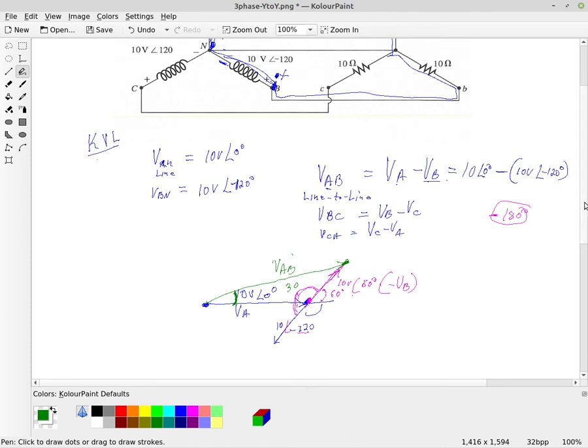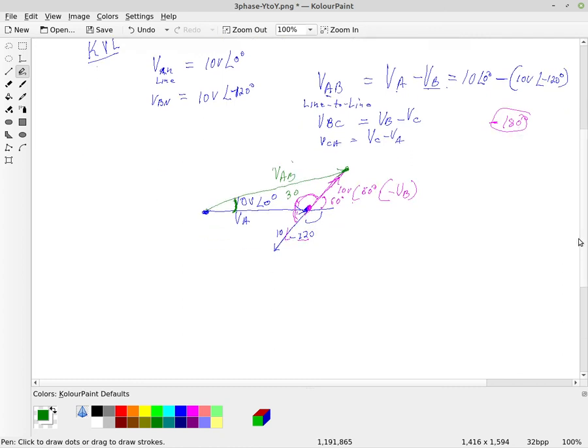And the magnitude, it turns out that the magnitude of VAB is going to be the magnitude of VA, which is 10 volts, times the square root of 3, and I'll get into where that comes from in a second, at an angle of plus 30 degrees.